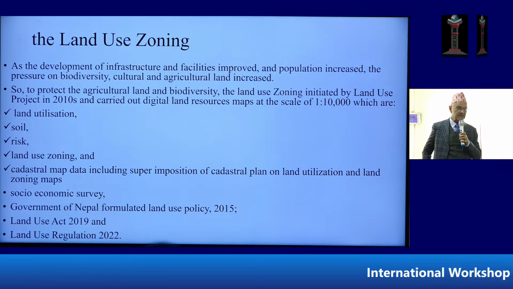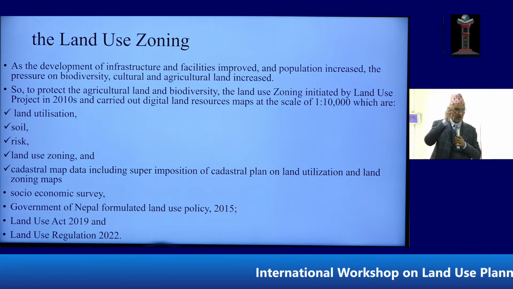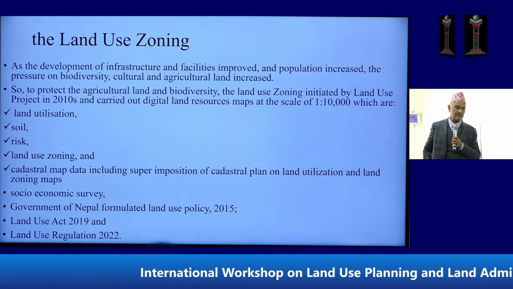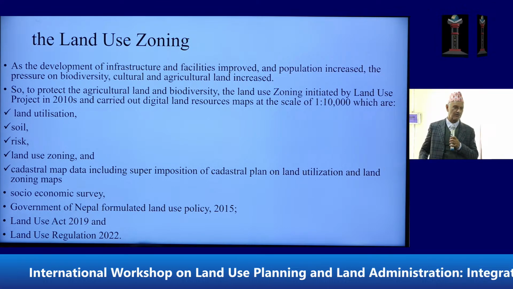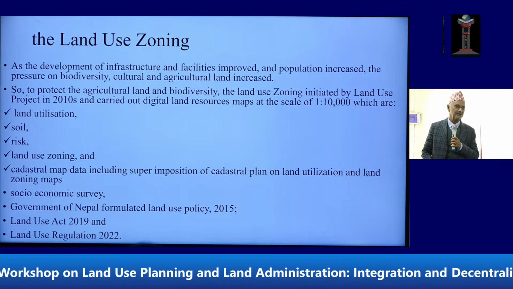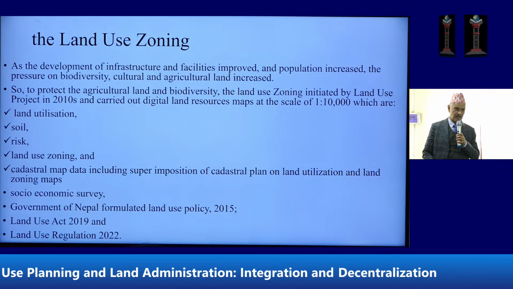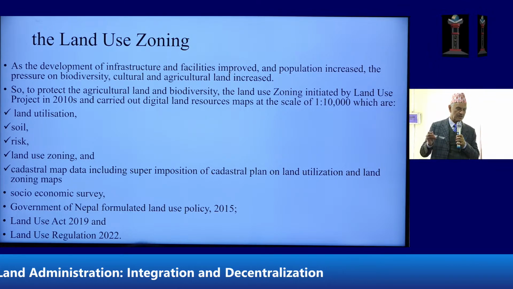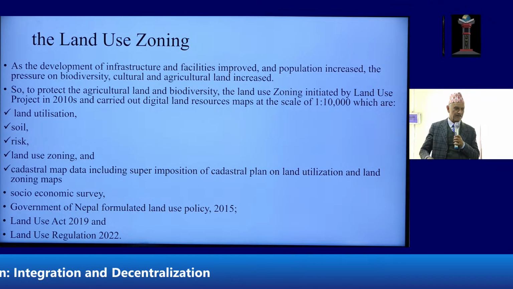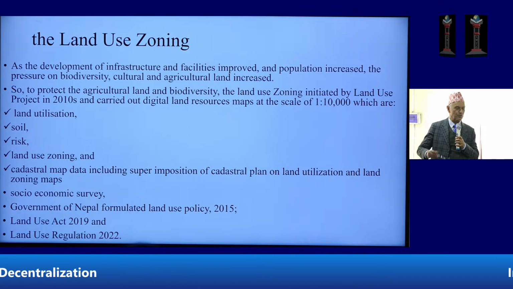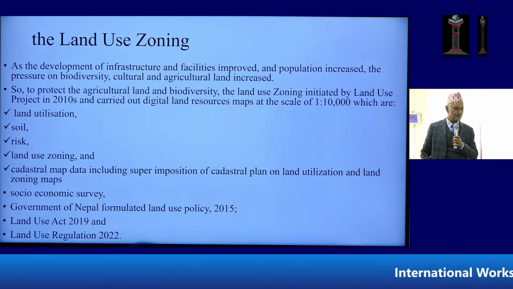We needed the cadastral map because, generally, in cadastral survey we say there are three R's. One is the rights on the land, then the restrictions on the land, and the responsibility to produce something.